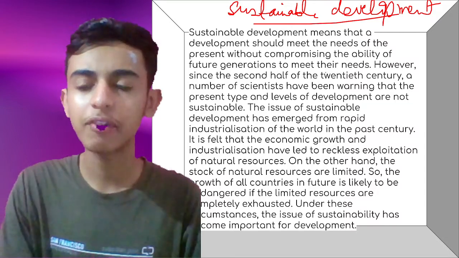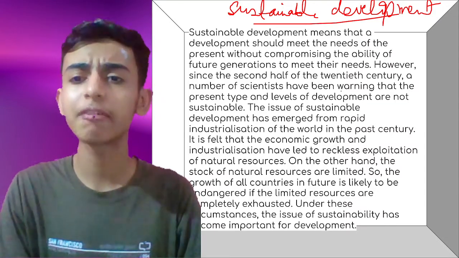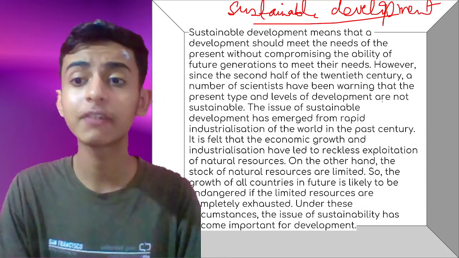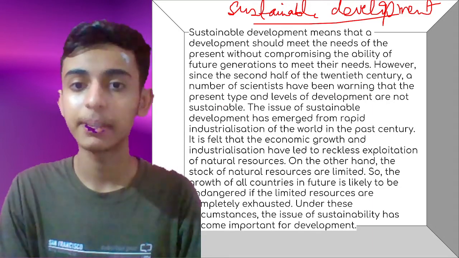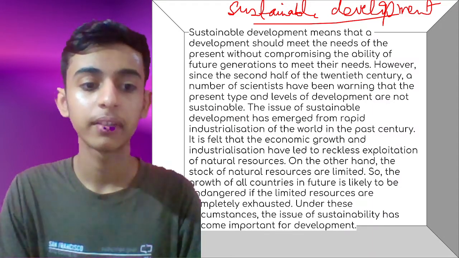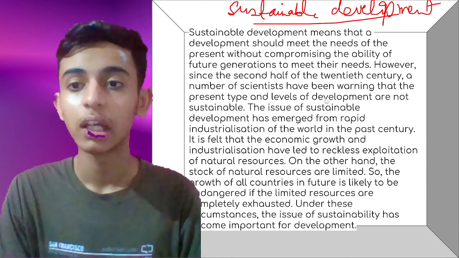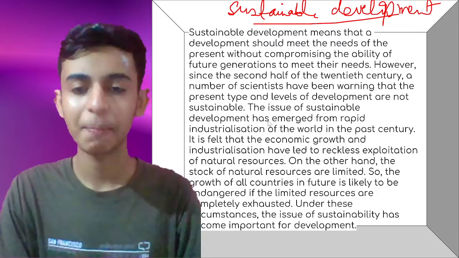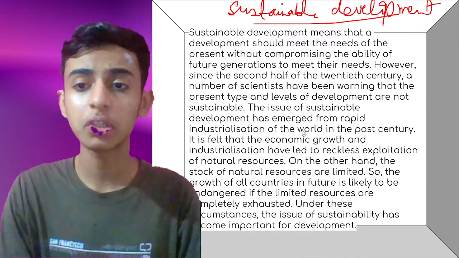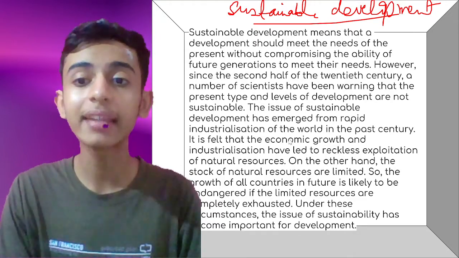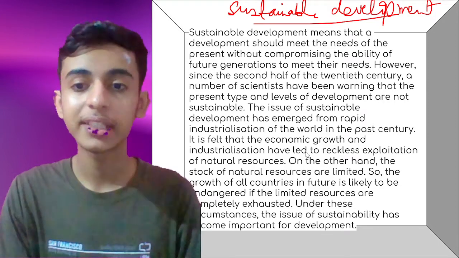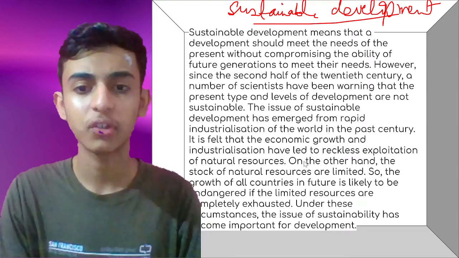However, since the second half of the 20th century, a number of scientists have been warning that the present type and levels of development are not sustainable. They are not sustainable, right? The issue of sustainable development has emerged from rapid industrialization of the world in the past century. It is felt that the economic growth and industrialization have led to reckless exploitation of natural resources.